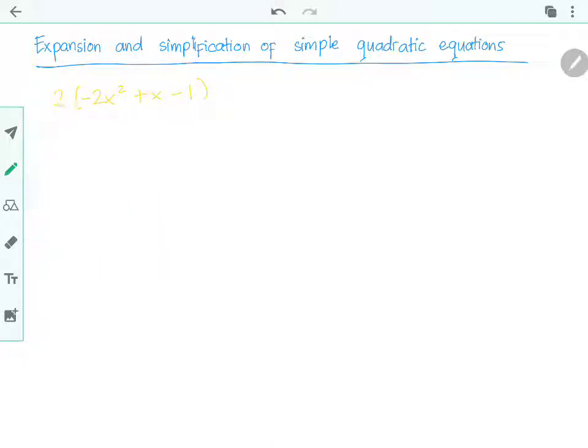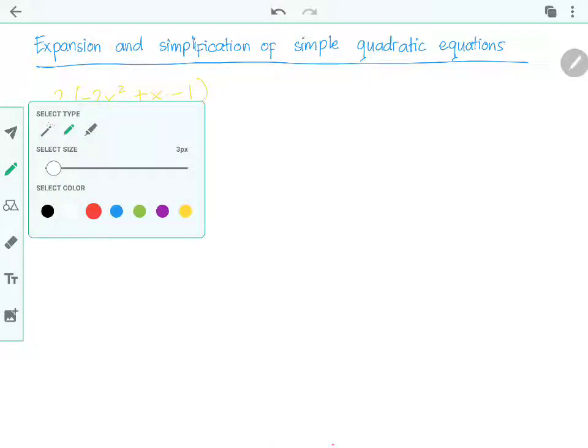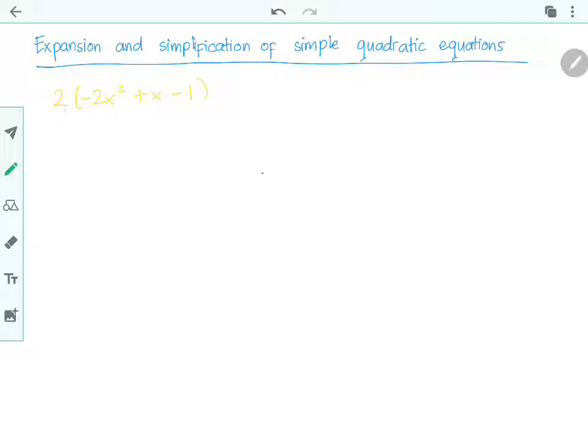What we shall do is just do the rainbow here. So 2 times minus 2x squared equals minus 4x squared, and 2 times x equals 2x. And for the last one, 2 times minus 1 equals minus 2.